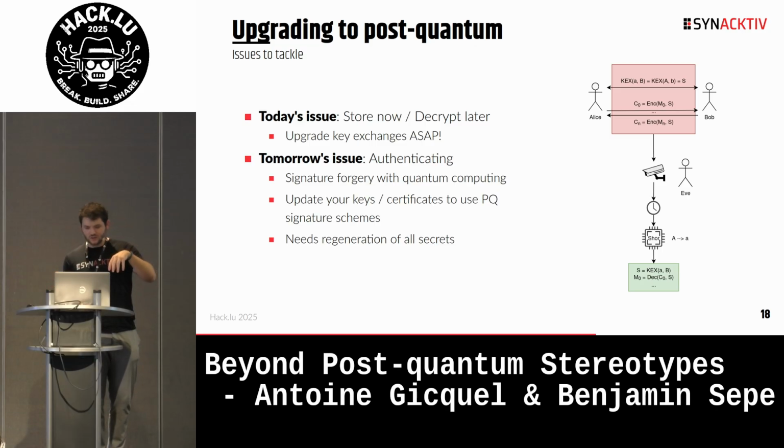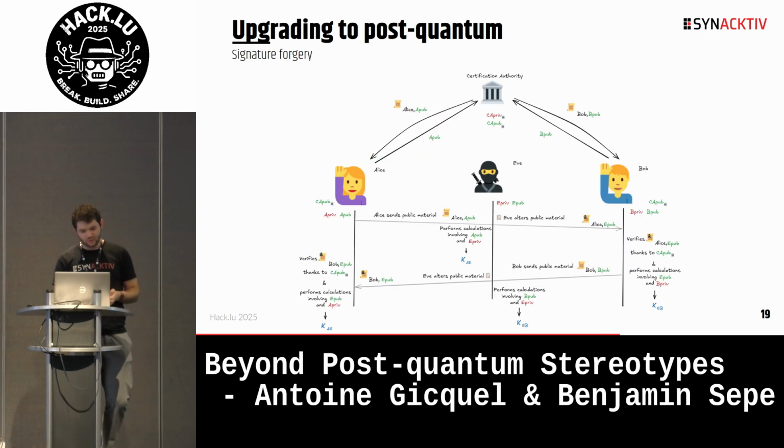If Eve was in the middle and had the capability to forge signatures, so with a quantum computer, she would be able to act as a man in the middle in the setup that was presented before. So basically, it goes like this. The text is a bit small, sorry, but if Eve has the capability to forge signatures, she could alter the certificates: the certificate that Bob receives, and in the other direction, the certificate that Alice receives.